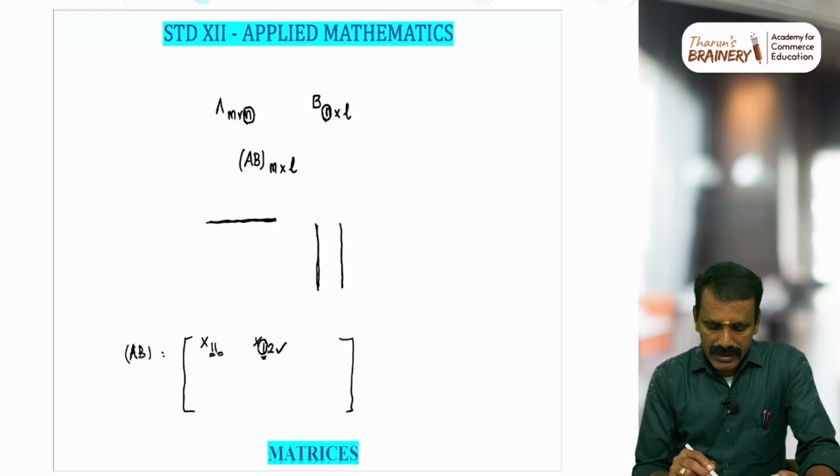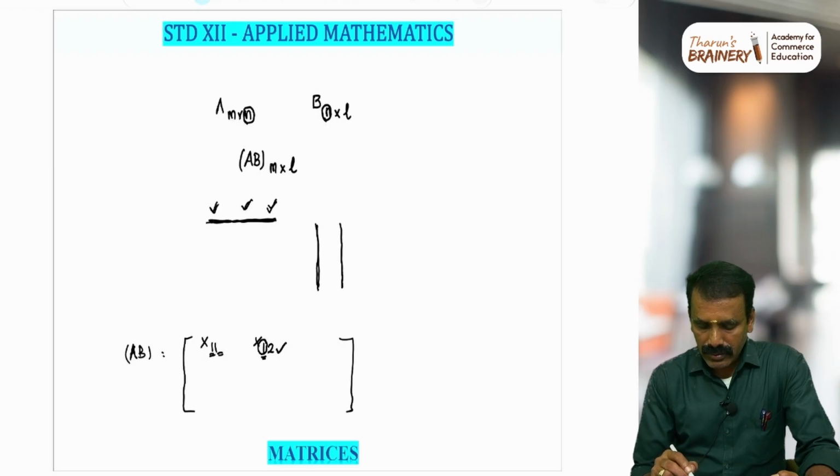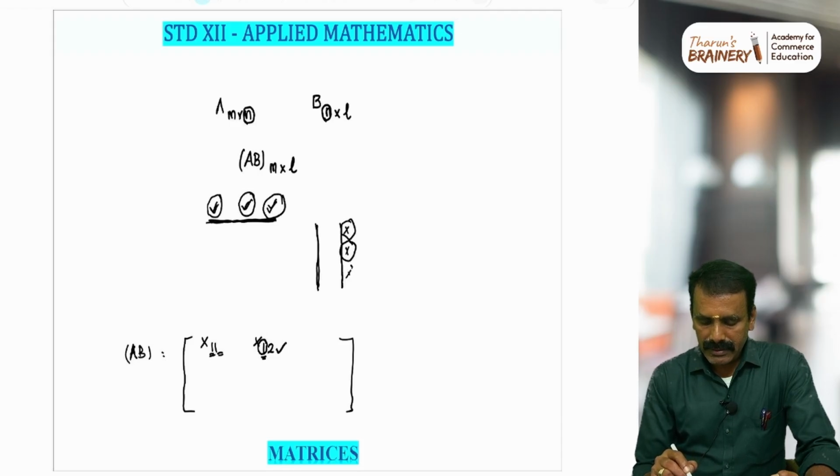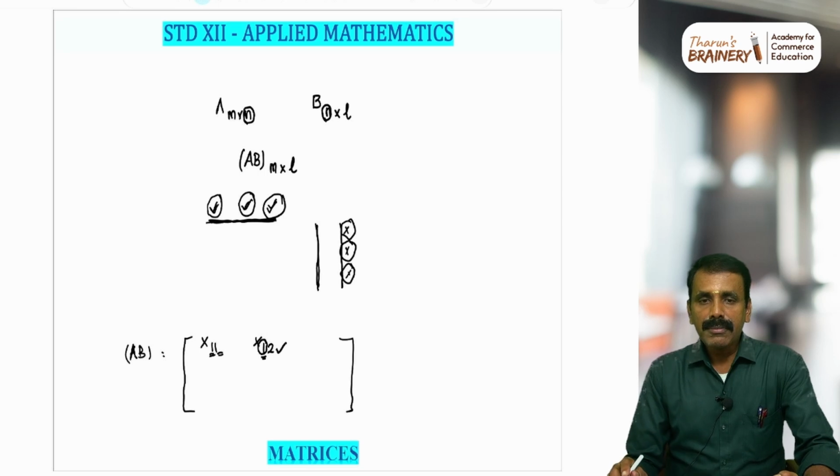The number of elements in the row should be equal to the number of elements in the column. So the first element will be multiplied with the first element, the second element with the second element, and the third element with the third element. This is the process of finding the product of two matrices.